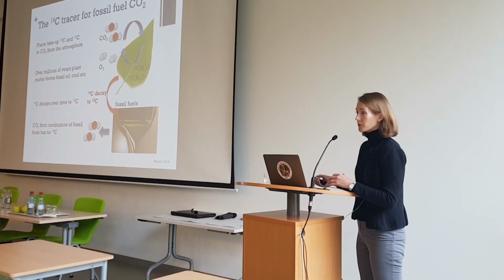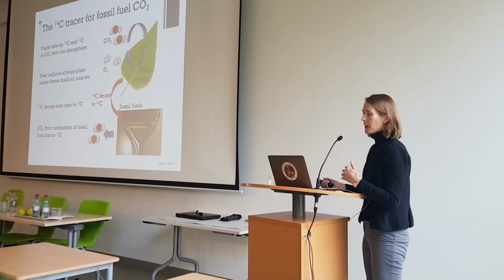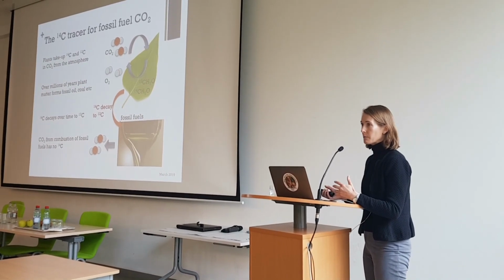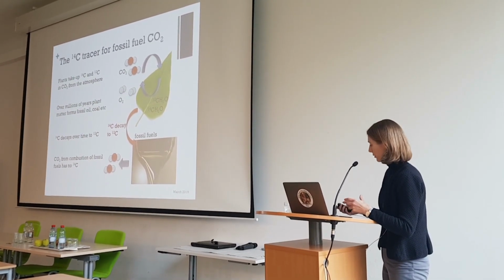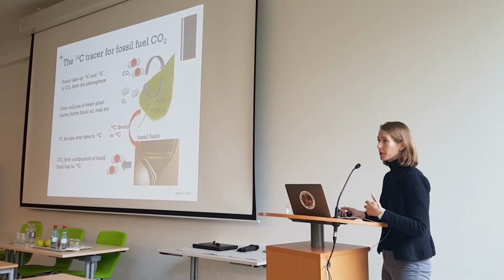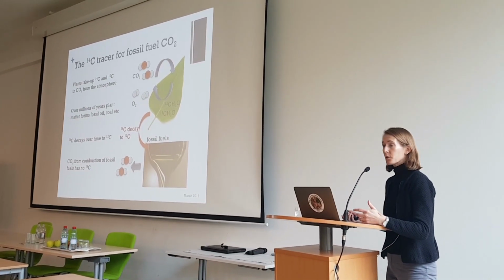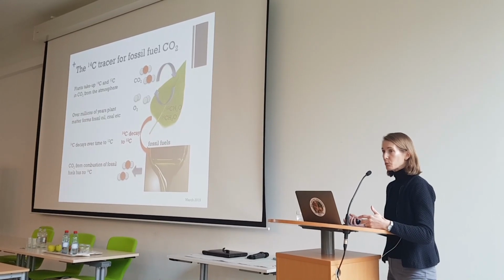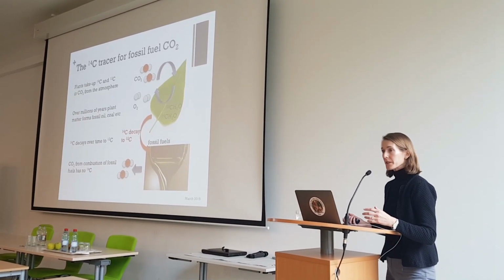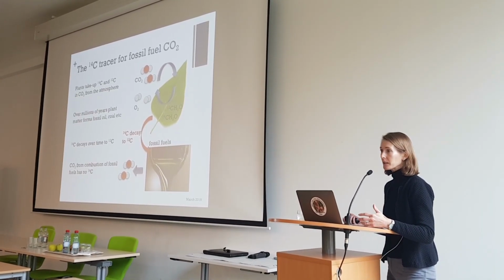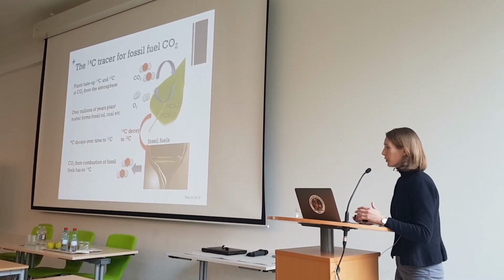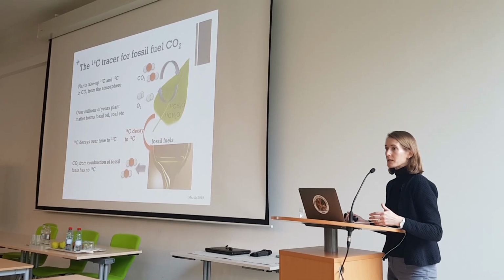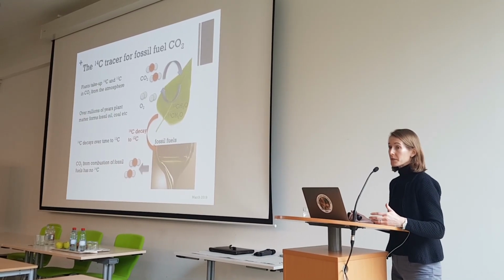Fossil fuels are basically formed through heat and pressure over millions of years, as the organic matter is converted to fossil fuels. Over that time, of course, all the carbon-14 decays to carbon-12. So in fossil fuels, there is no carbon-14. It consists only of carbon-12. So when you burn fossil fuels, you only emit carbon-12 CO2.